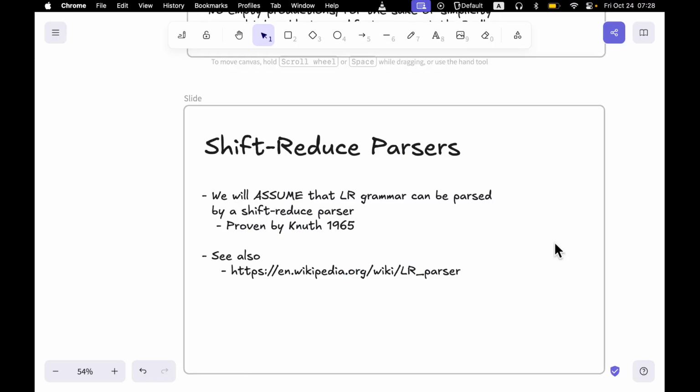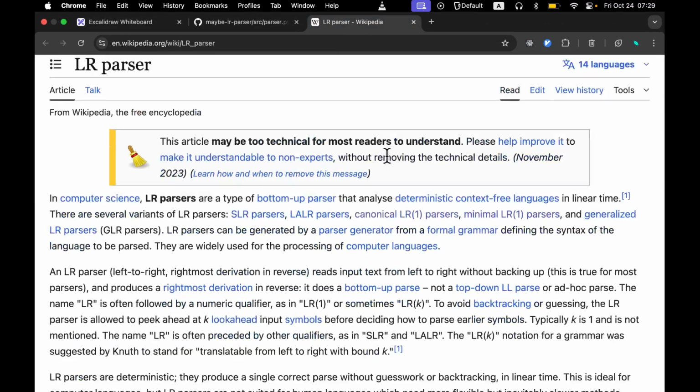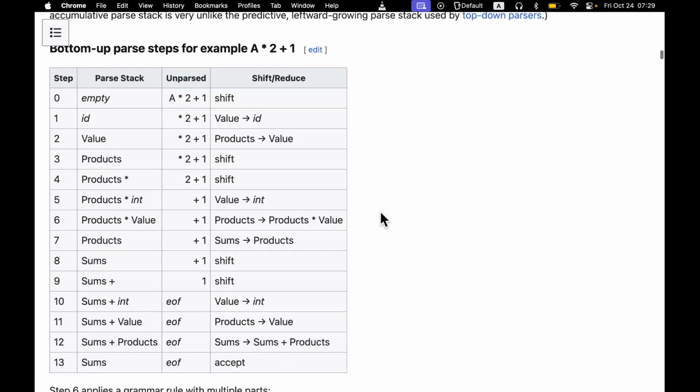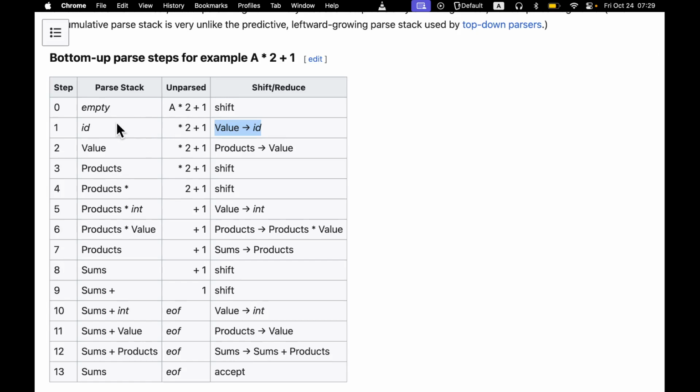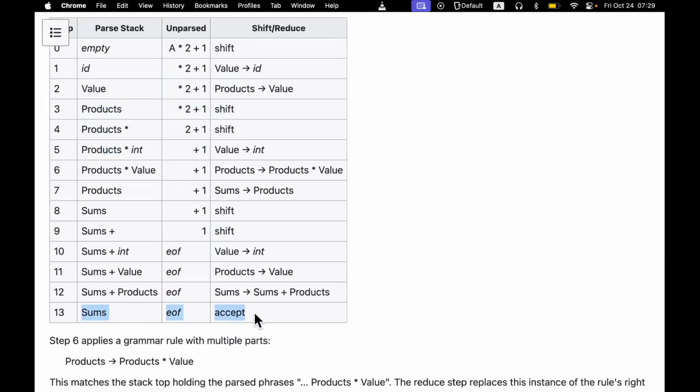But the takeaway for this talk is that it uses a stack, and you issue actions like shift or reduce according to a given rule, and that will change the stack state accordingly, and in the end you will get a parsed result.